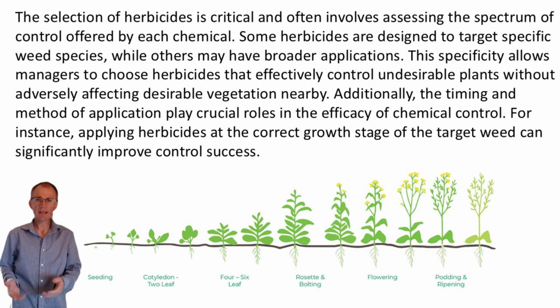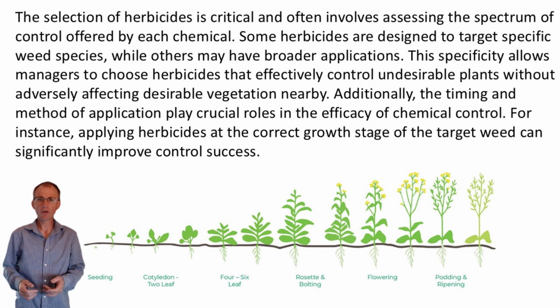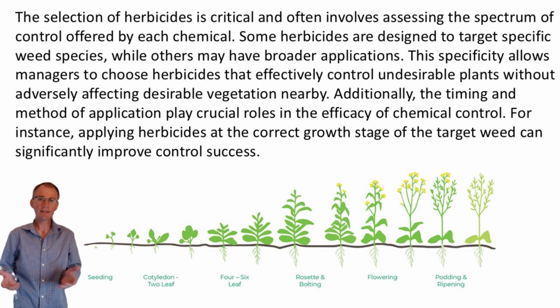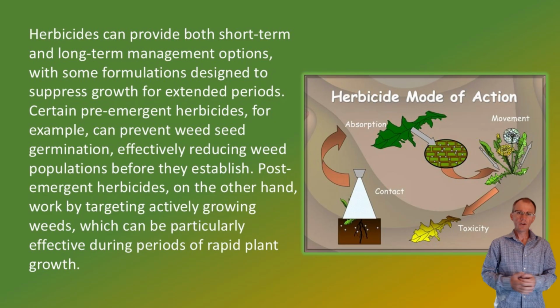Additionally, the timing and method of application play crucial roles in the efficacy of chemical control. For instance, applying herbicides at the correct growth stage of the target weed can significantly improve control success. Herbicides can provide both short-term and long-term management options, with some formulations designed to suppress growth for extended periods.